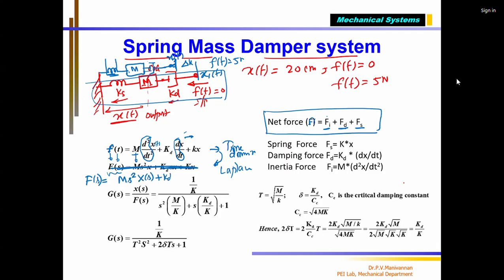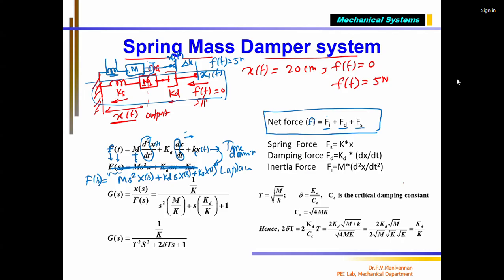Plus kd into s into X of s, because d by dt becomes s, plus ks, the stiffness, multiplied by X of s; this x of t will become capital X of s. Please note that in time domain, variables are represented by small letters.